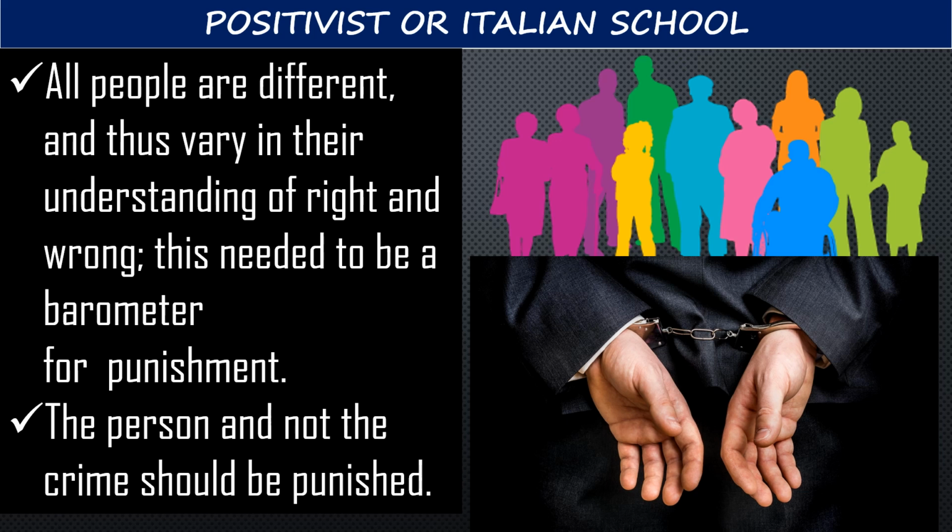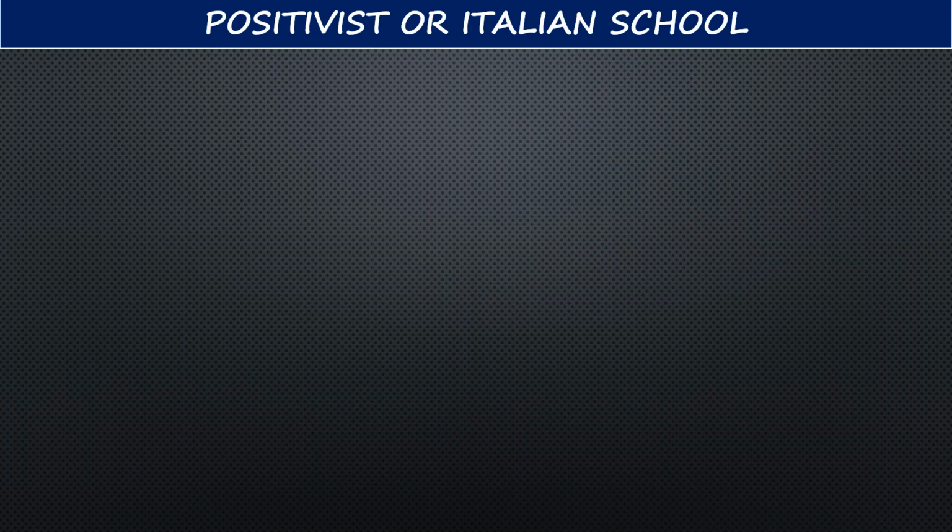The person and not the crime should be punished. The only problem with the classical school is that the crime is being punished, not the criminal. In the positive school, there should be an emphasis on the punishment of the person, not the crime committed. Okay? So it's almost the same with the neoclassical school.